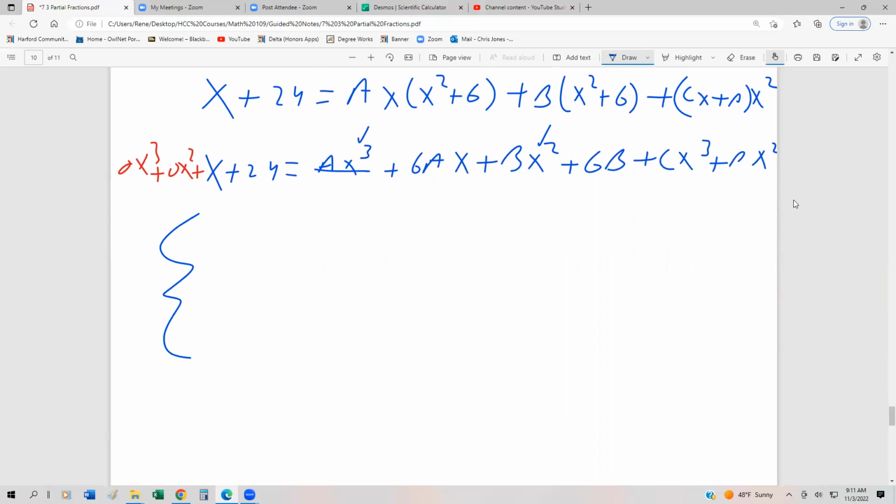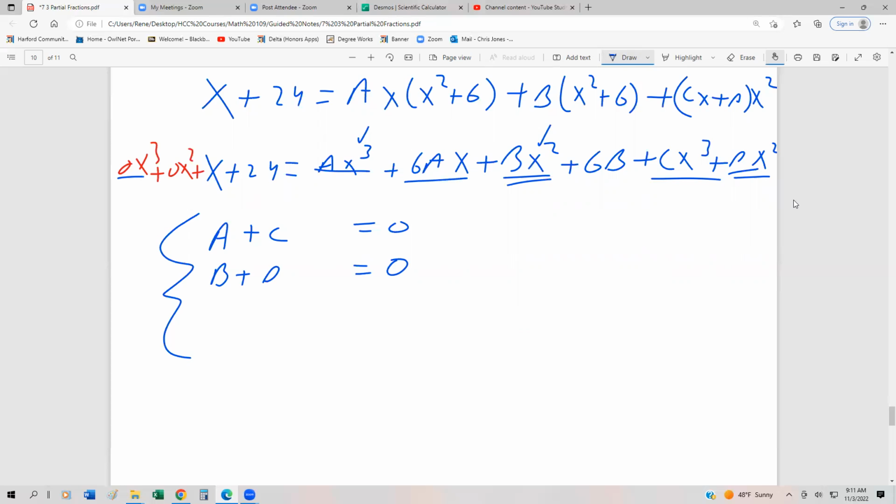All right, so we notice that we have a couple x cubes here. Okay, so we have an a plus c, which is going to be equal to 0. For our x squareds, there's a couple x squared terms. So we're going to get b plus d is also equal to 0. Right, so those are pretty nice.